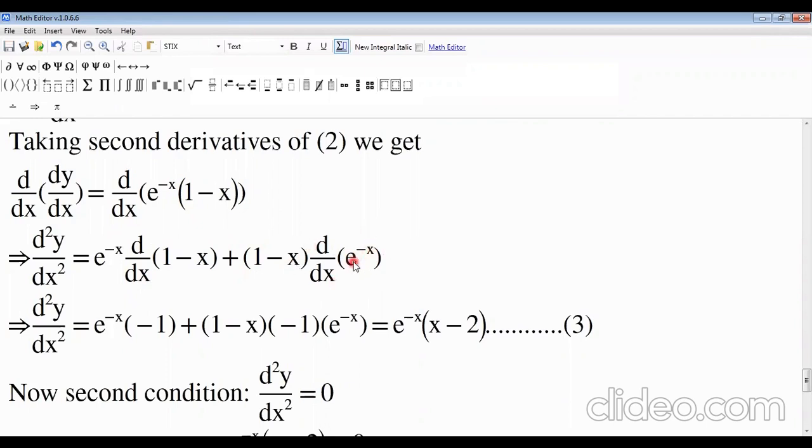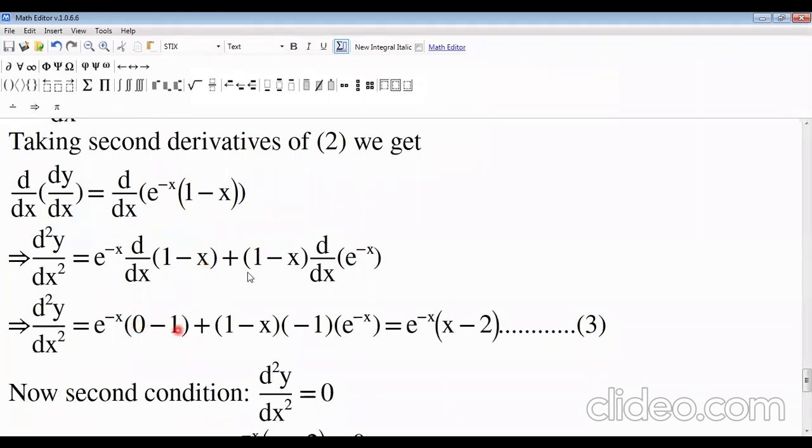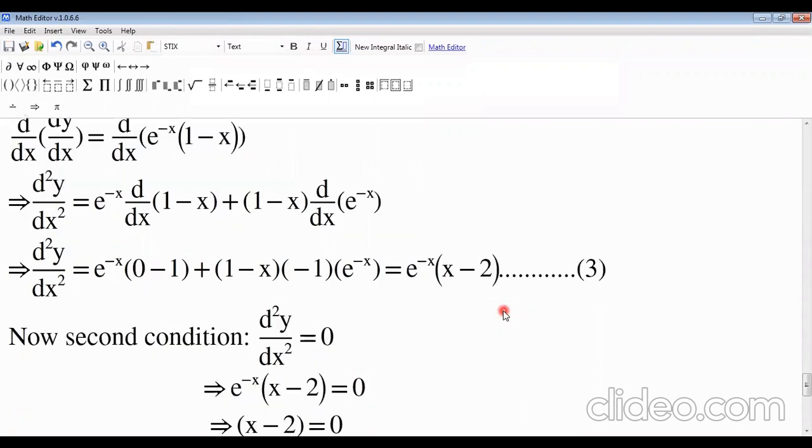So the second derivative equals e to the power minus x times the derivative of (1 minus x), which is 0 minus 1, so minus 1, plus (1 minus x) times minus 1 into e to the power minus x, just multiplying with the coefficient of x. Remember it. Taking e to the power minus x common, we get (x minus 2), equation number 3.